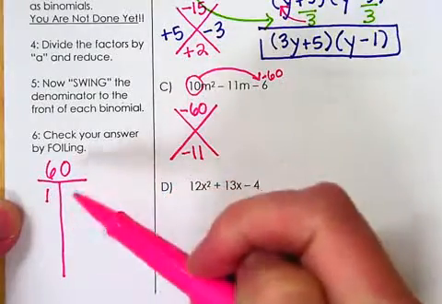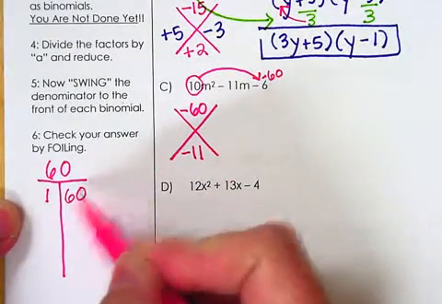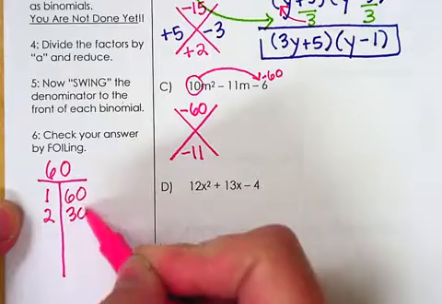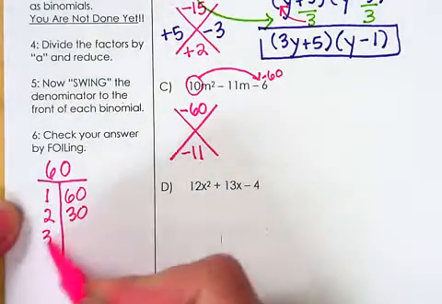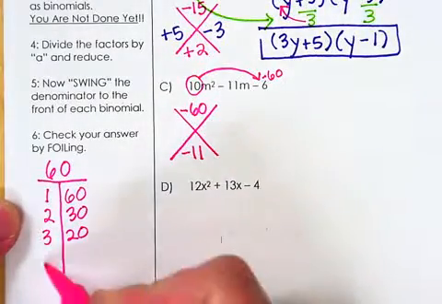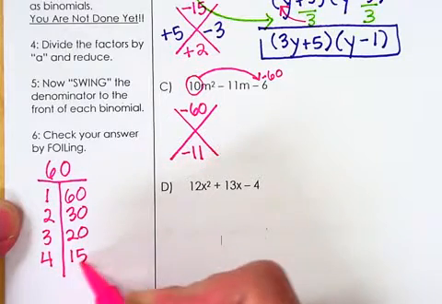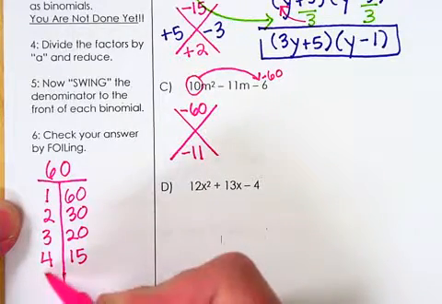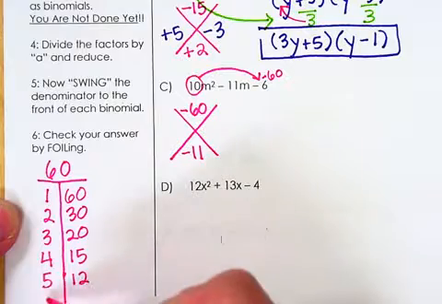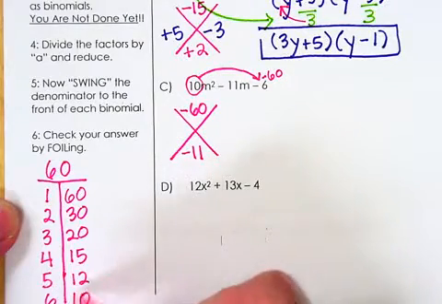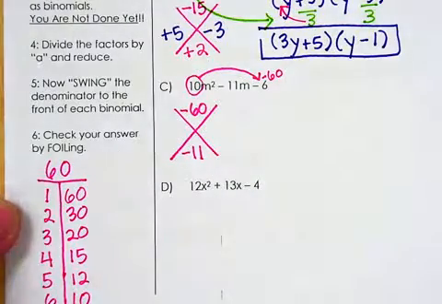So I know it's 1 times 60, 2 times 30, 3 times 20, 4 times 15, 5 times 12, and 6 times 10. Those are all the factors of 60.